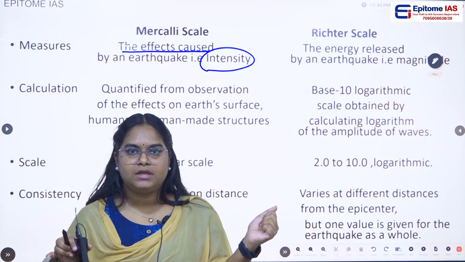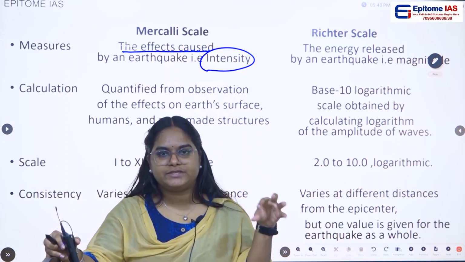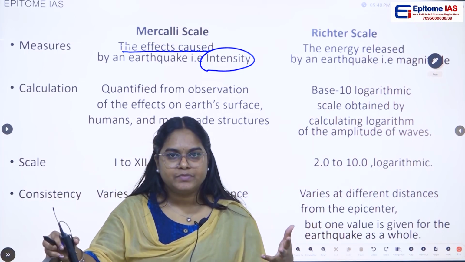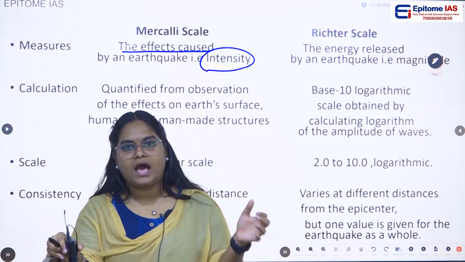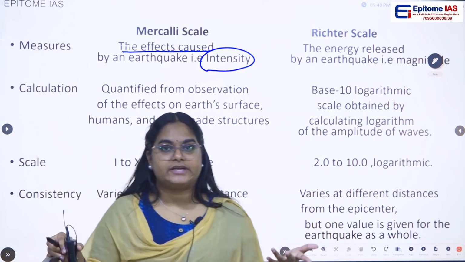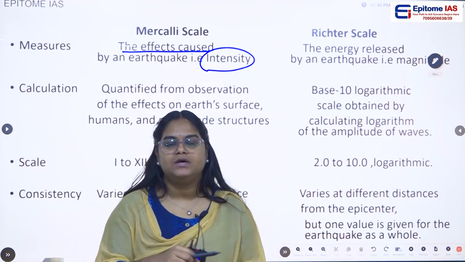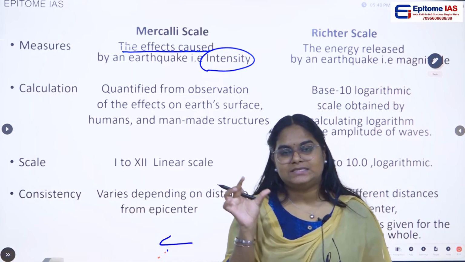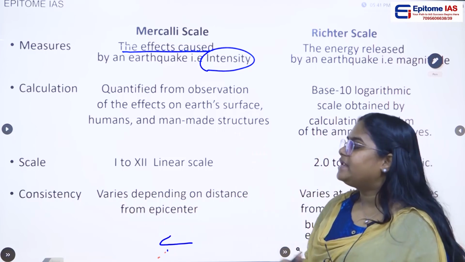Let's say the earthquake is happening in a particular location, and in that location, how many people died, how many buildings collapsed, how many man-made structures got affected by this earthquake. That is what is calculated in the Mercalli scale. We say the intensity of the earthquake is calculated by the Mercalli scale.